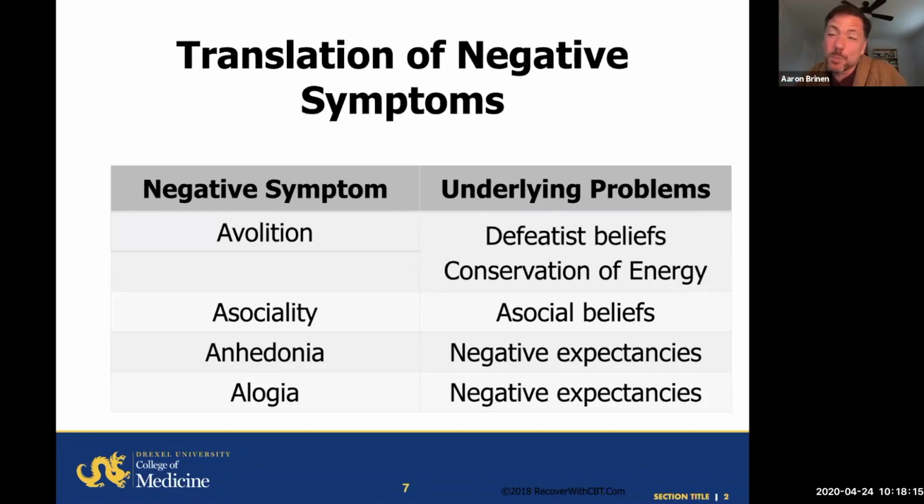Also for problems with connection, not wanting to connect with other people, he found that people had these asocial beliefs or social disinterest beliefs. They didn't see that there was a value in socializing with other people. For anhedonia, we find that those individuals just don't expect to enjoy things.